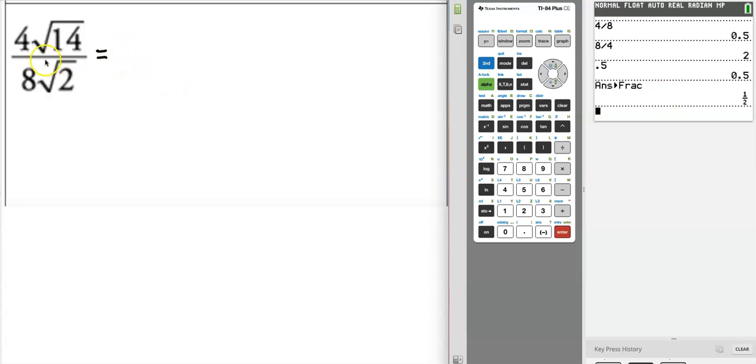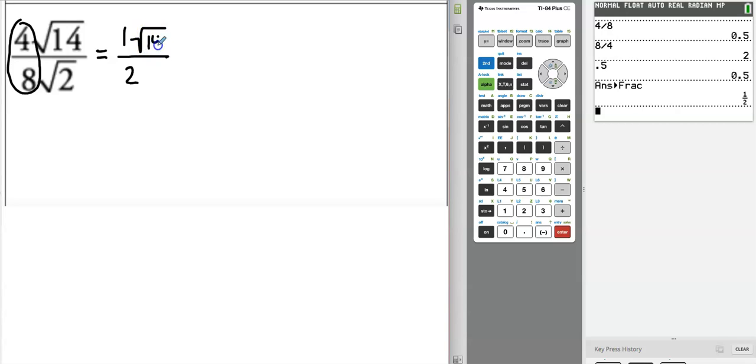So therefore, 4/8 can be rewritten as 1 over 2. What's interesting is the square root of 14 is still connected to the 1, and the square root of 2 is still connected to the 2.